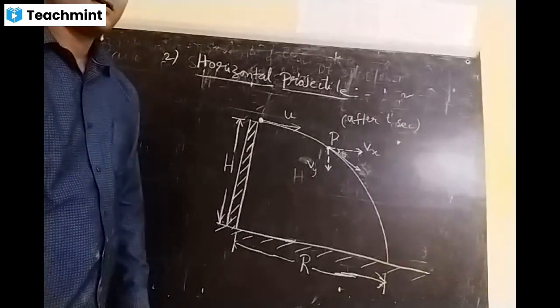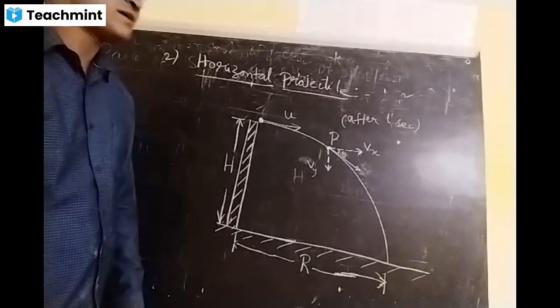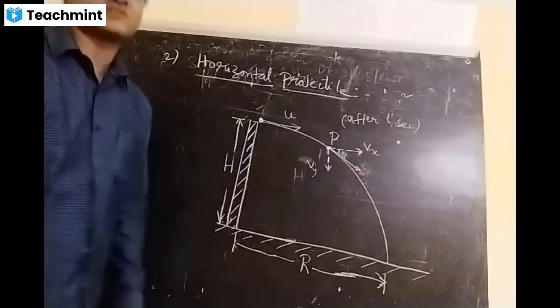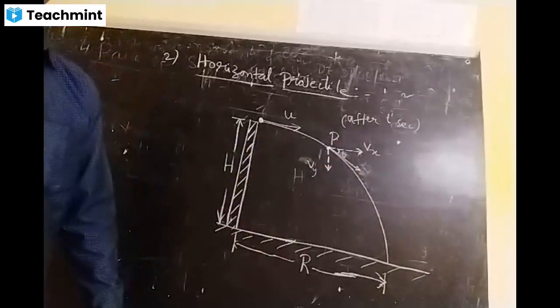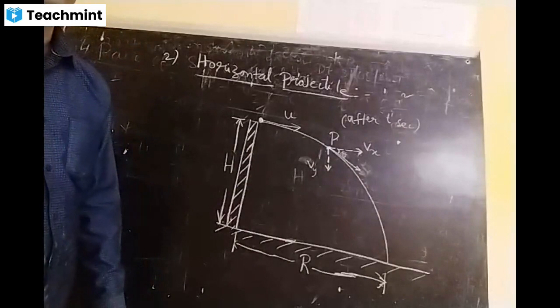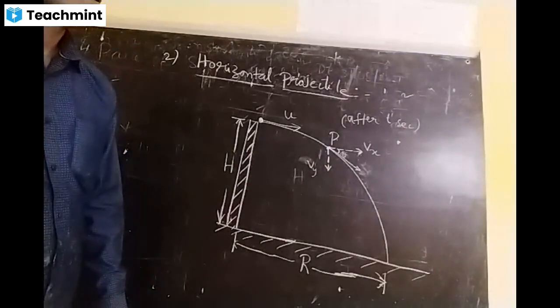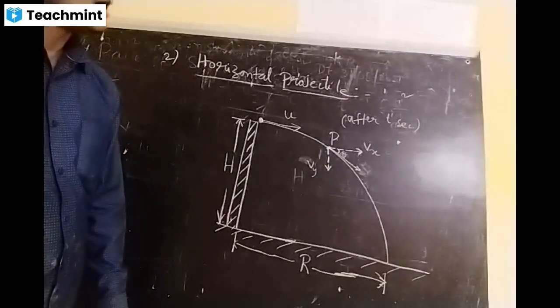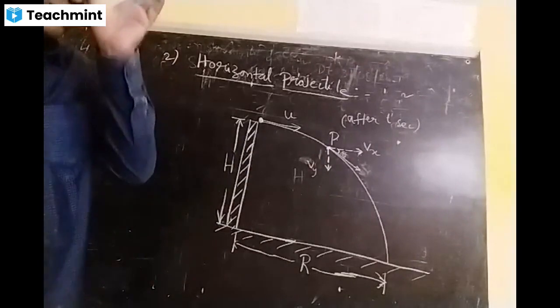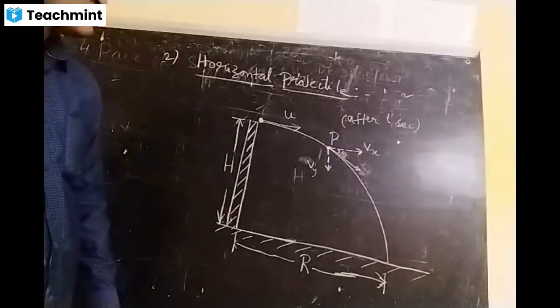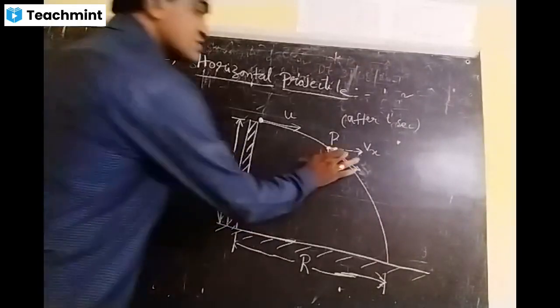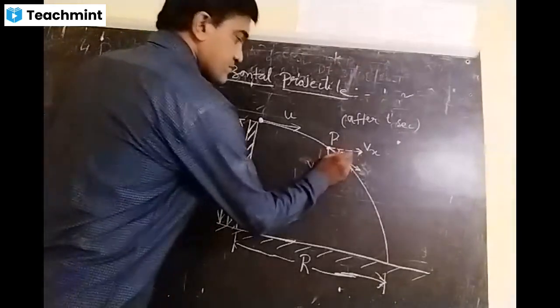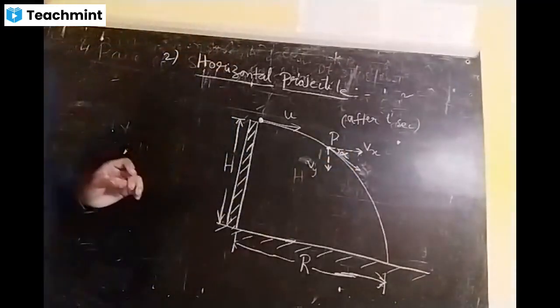Acceleration is 0, but I am asking about velocity. What is the value of Vx? Ux, u cos theta. But what is the value of theta here? Okay, let me take this angle as alpha. U cos alpha.